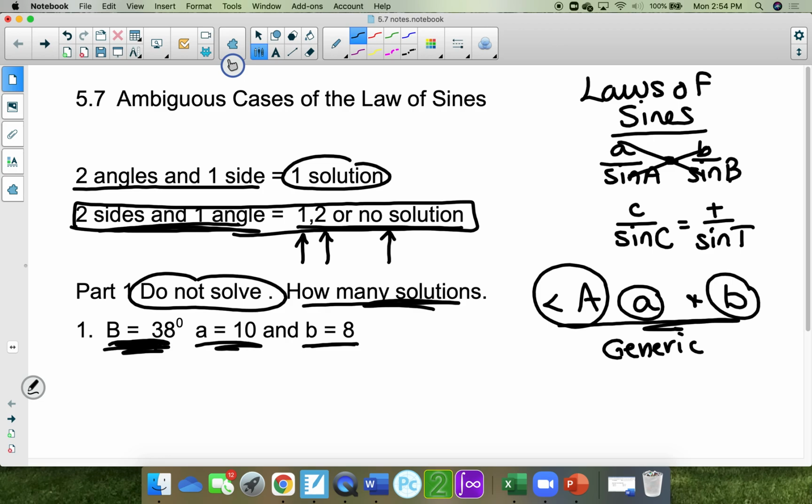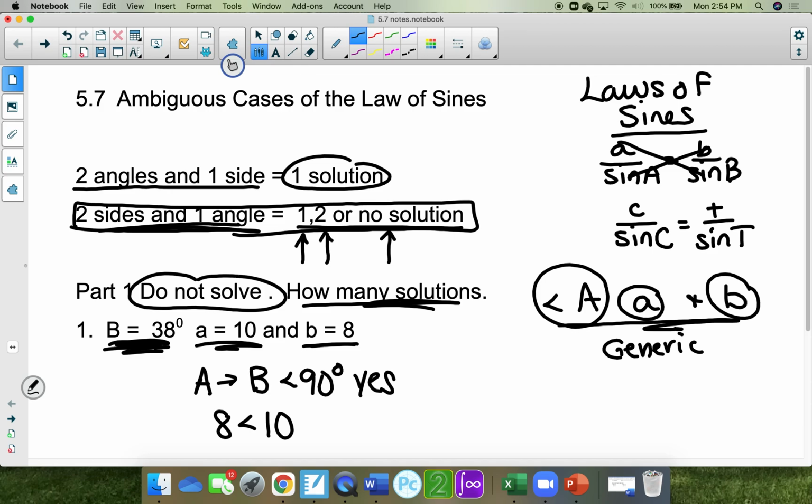It's less than 90. So then you have to check to see if A is less than B. The first thing I checked was if angle A, which in our case is angle B, is less than 90. And yes, it is. Once you did that, then you have to check to see if A is greater than B or A is less than B. And our A, 8, is less than our B, which is 10.